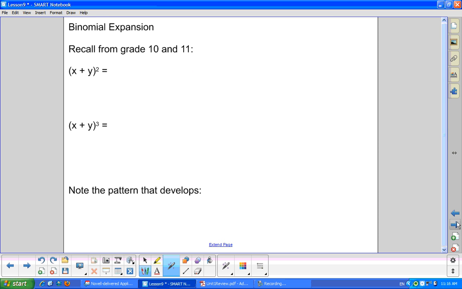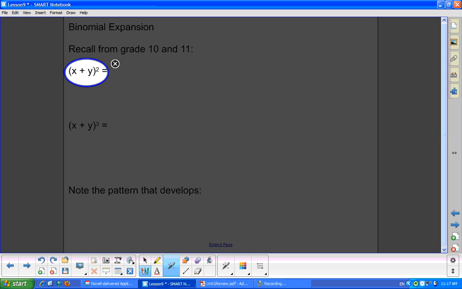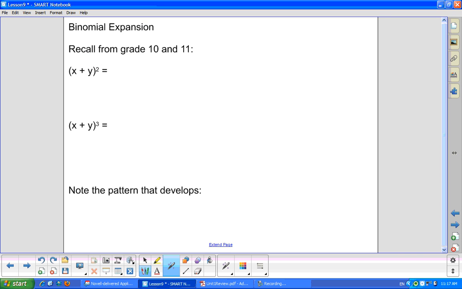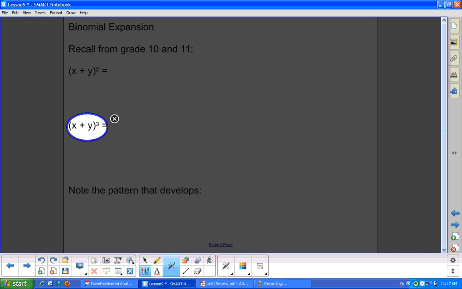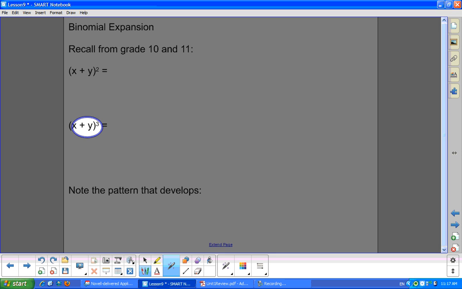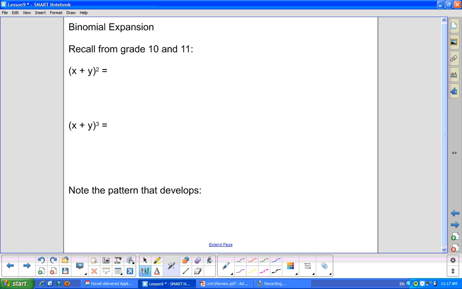So now binomial expression, expanding the binomial expression out. So from grade 10 and 11, you remember that you had to deal with the binomial expansion of x plus y squared. And for some of you, you would have seen x plus y cubed and had to expand it out. Just as a refresher, when it's squared, you'd have to write it twice.